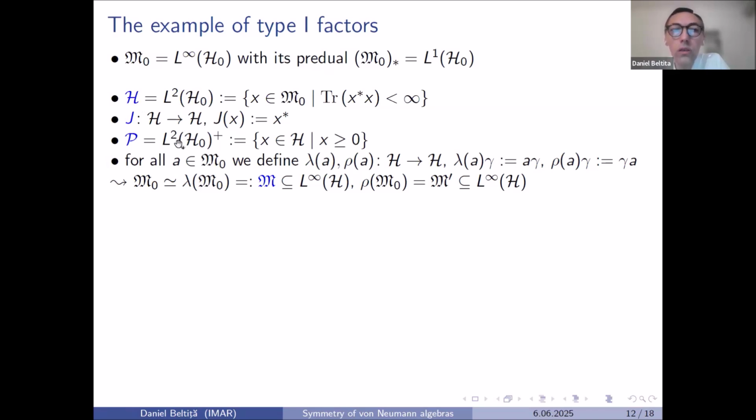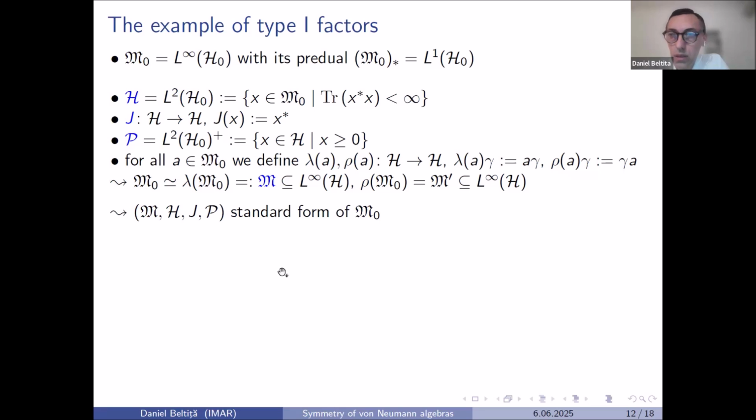The positive cone is the positive cone in the usual operator sense in the Hilbert-Schmidt space. And we have the representation of the algebra by left and right multiplications on Hilbert-Schmidt. We identify our algebra with the algebra of left multiplication operators. It is well known that its commutant consists of the right multiplication operators, and this is the standard representation, the standard form of this type I factor.